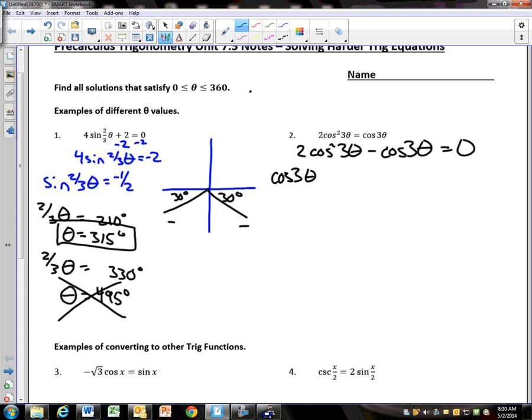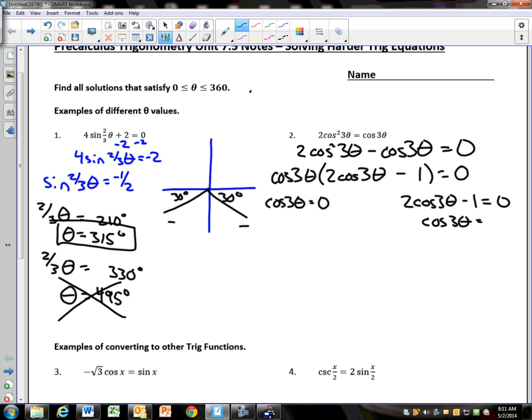Cosine of 3 theta times 2 cosine of 3 theta minus 1 is equal to 0. So we have two problems here. We got cosine of 3 theta is equal to 0, and we have 2 cosine of 3 theta minus 1 is equal to 0. Solve this one over here, you get cosine of 3 theta is equal to 1/2.